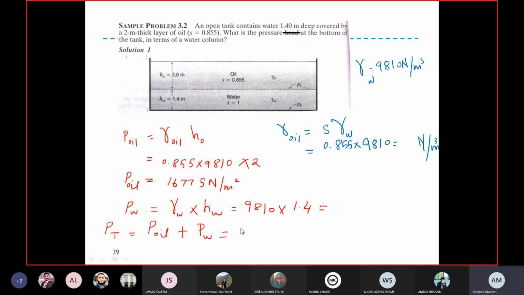Finally calculate it and let me know the total pressure at the bottom of the tank. Please let me know.